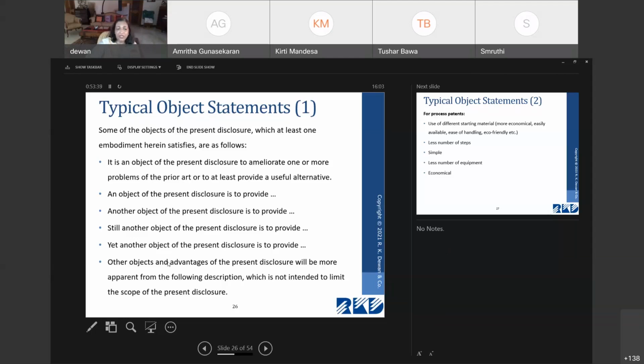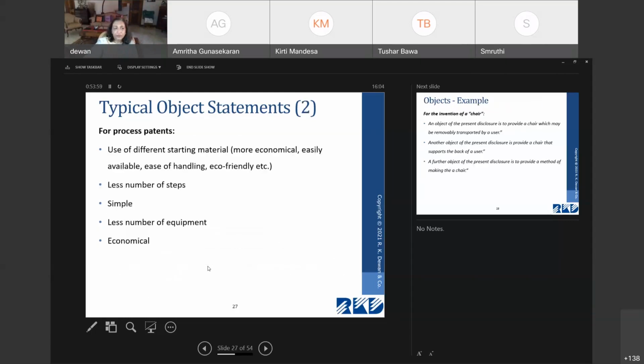Basically you can consider objects as analogous to advantages. So always think of advantages, note them down, and convert the advantages into object statements. For a process patent, any of these could apply: less equipment, or economical because you are using cheaper raw materials, ease of handling, eco-friendly.